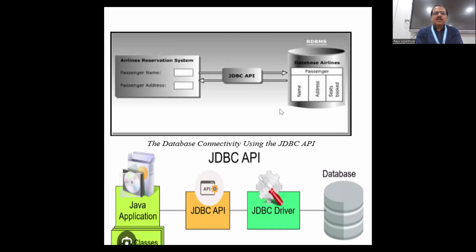In order to establish the communication between them, we need the JDBC API, and that JDBC API consists of a set of classes and interfaces, which help the Java application communicate properly with the database in order to exchange the data, right?